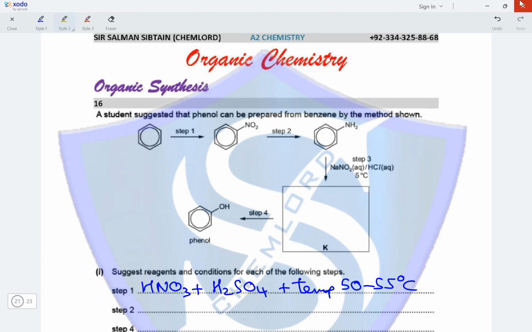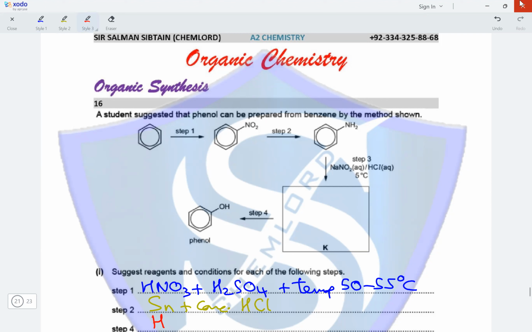In step 2, we would have reduction of the nitro group into an amine group. So that would require tin plus concentrated HCl. And in step 4, we would have the benzene diazonium chloride being converted into phenol. So that is hydrolysis.